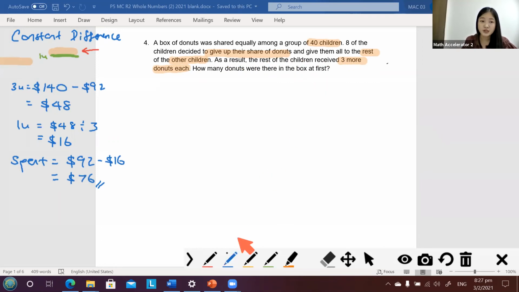So I'm going to branch it out from the 40 children to the 8 children who gave up their share of donuts. The rest of them here would be 40 minus the 8, 32.